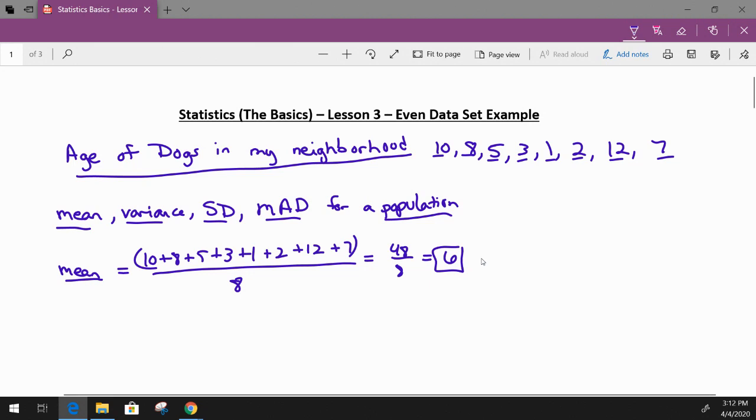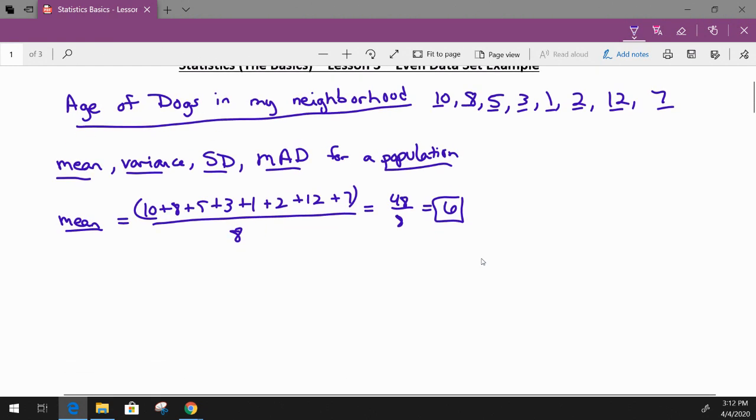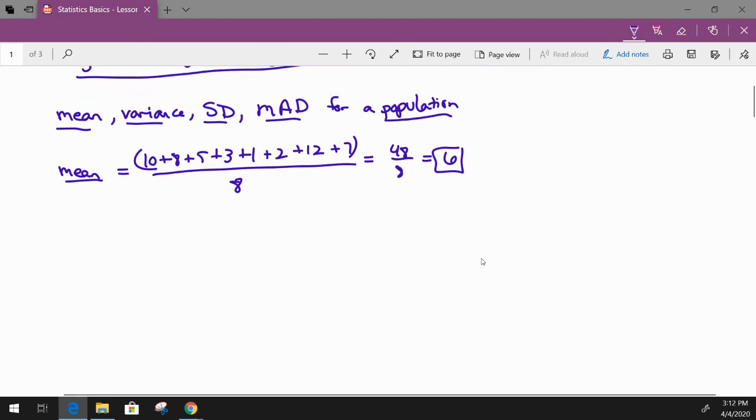Not too hard. The next thing I'm going to find is my variance. Again, I like to set this data up in a table sort of fashion with different columns. My first column is going to represent my data, then I'm going to subtract the mean, or mu, and then I'm going to square those values.